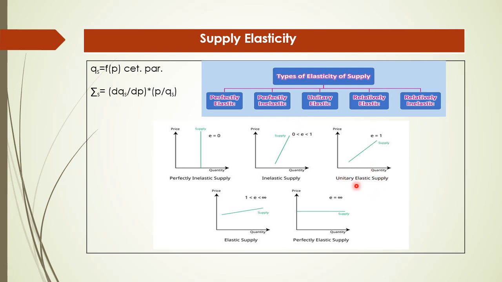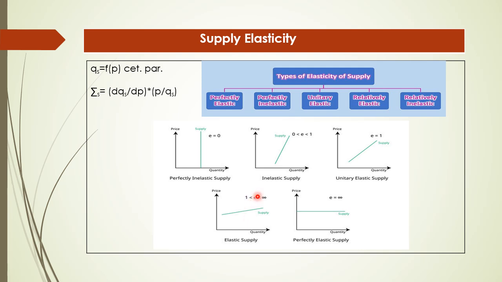Unitary elastic supply means the percent change in price is equal to percent change in quantity supplied. For this, the value of elasticity is 1. Then we have elastic supply. For this, the change in price is less than the change in quantity supplied.